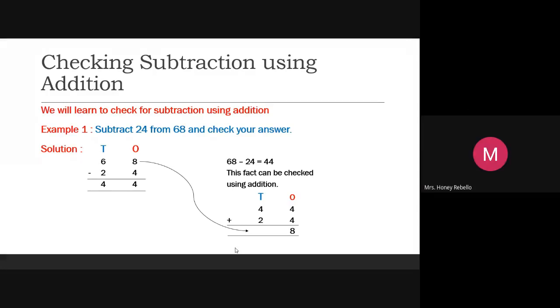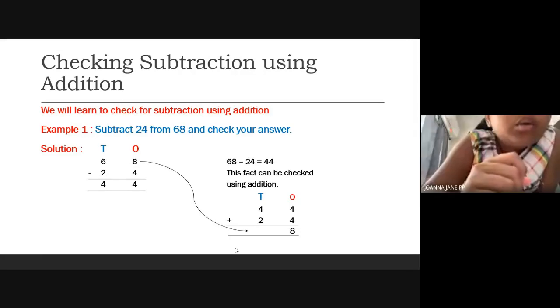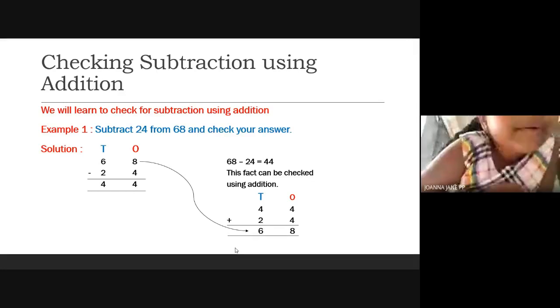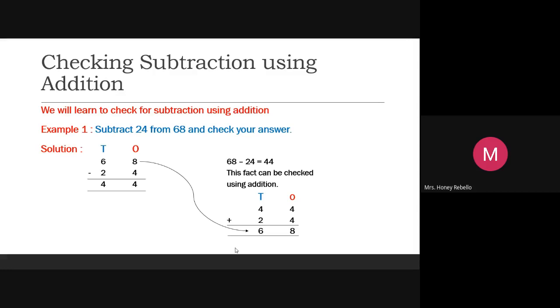Add, 6. Now you got 6. So that means the answer is correct. Now don't make noise. Okay, turn off your mic. So the answer is correct. Now 44 plus 24, you're getting 68.